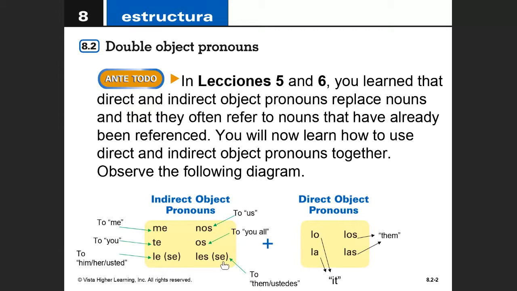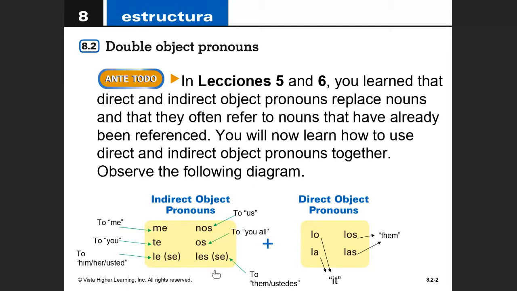So just keep this in mind. Like I said, objeto indirecto is going to depend on the recipient, and objeto directo is going to be based on the item we're describing. Now, another thing, I don't know if you already noticed, but objeto indirecto, we are going to be placing it before objeto directo. That is the structure that we have to follow in español, okay?